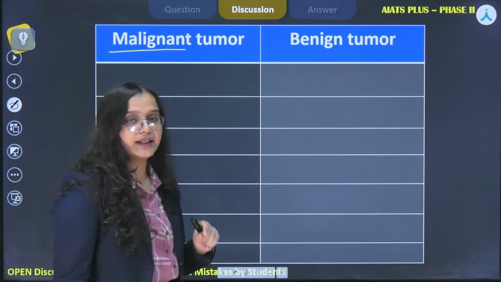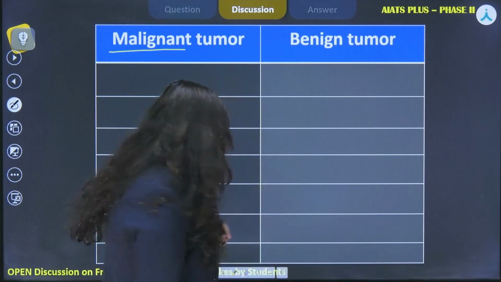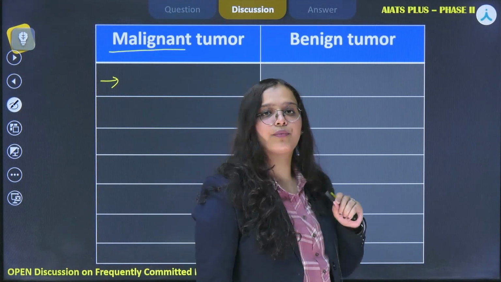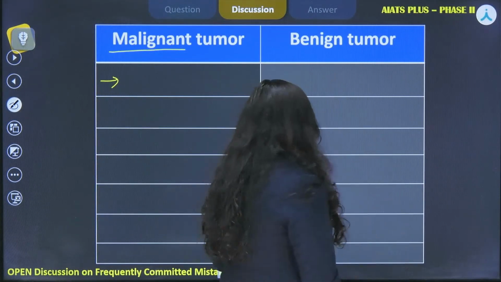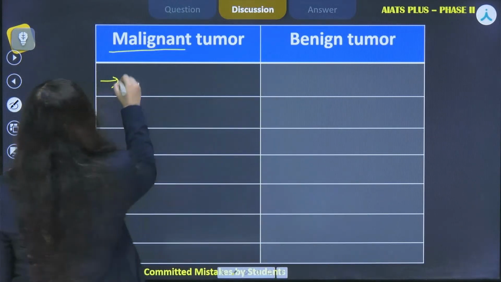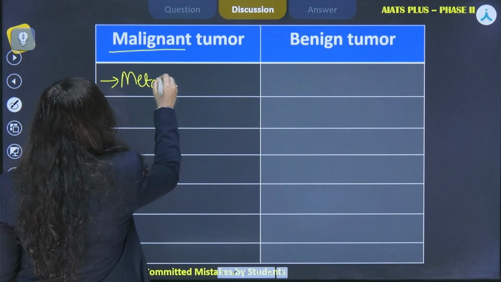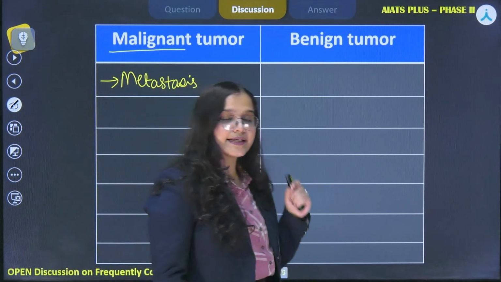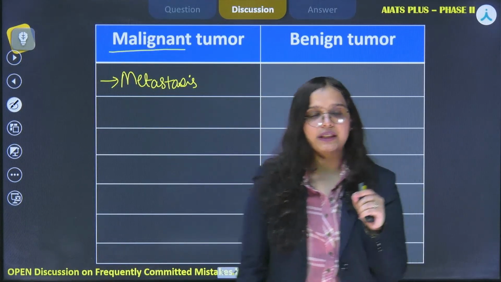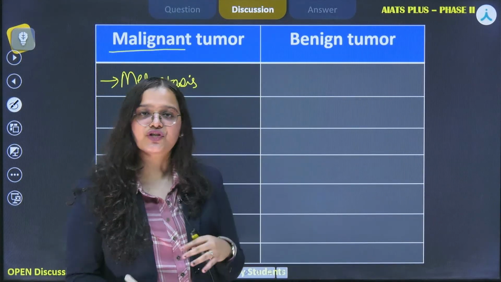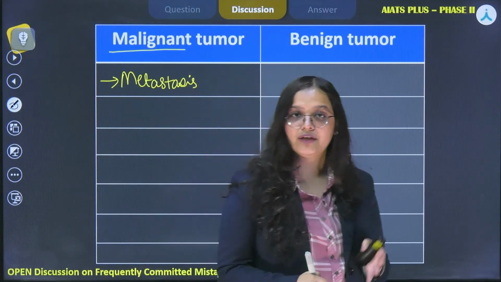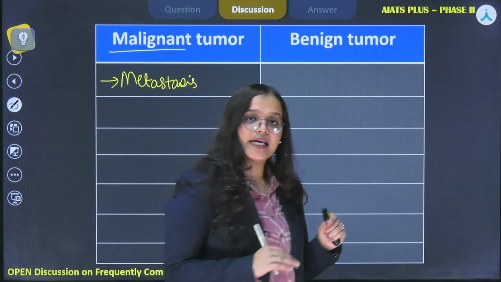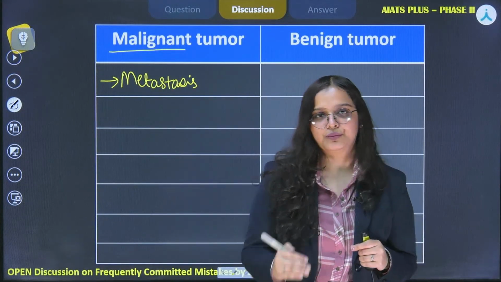So we say that malignant tumors are evil or dangerous because they exhibit a property which is known as metastasis. Basically the cells slough off from the malignant tumors and reach distant sites in our body via blood, and wherever they reach they lodge themselves and start forming a new tumor there.